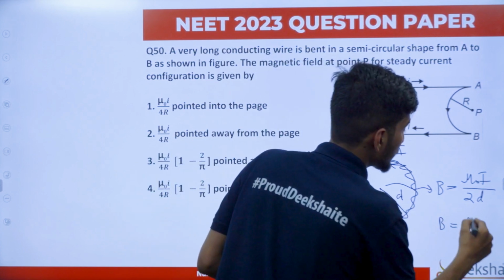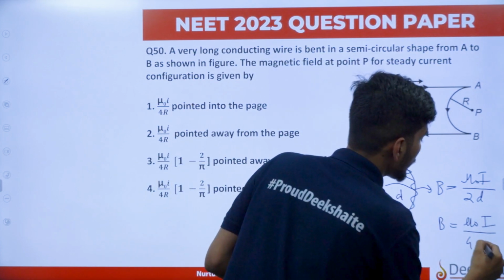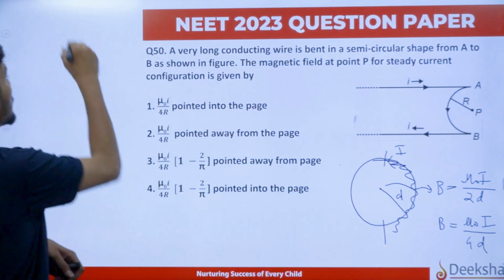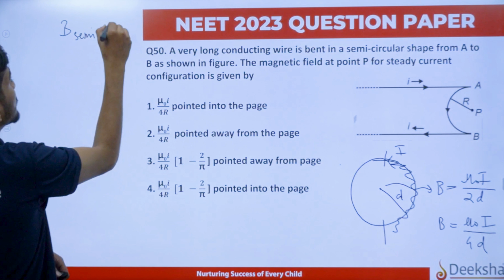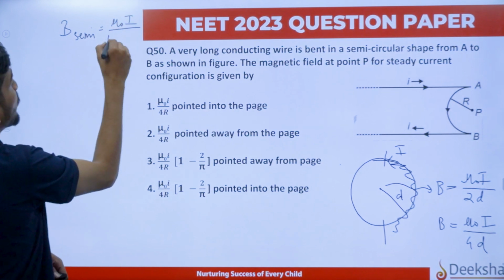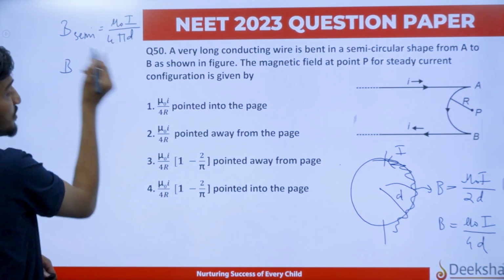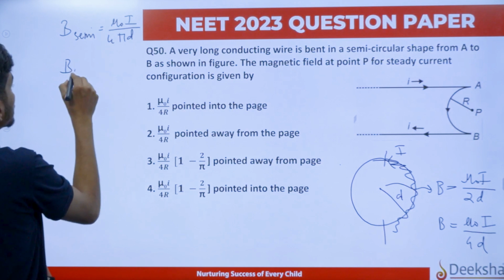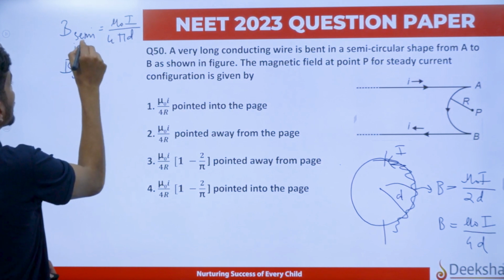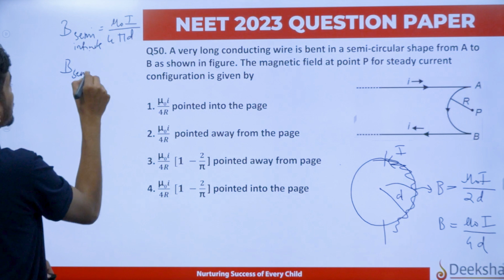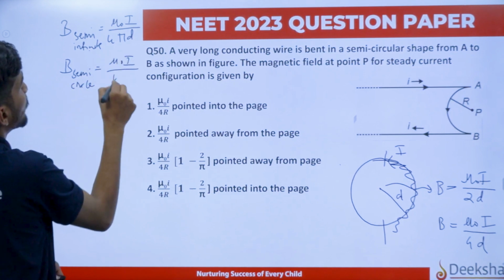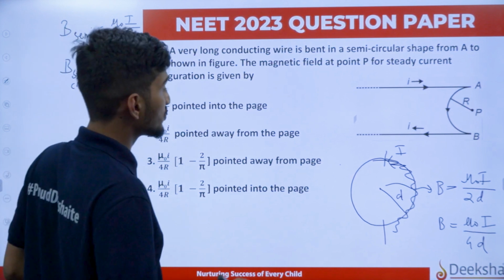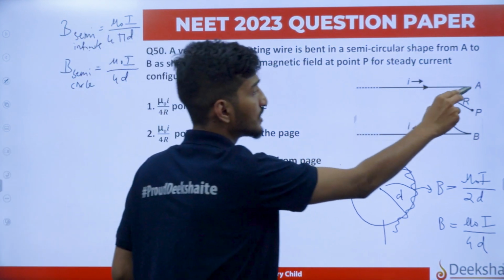B will be mu naught I by 4d. Let's write that value here as well. B of semi-infinite wire, we wrote it as mu naught I by 4 pi d, and B of a semicircle will be mu naught I by 4d. Let's remember these two values as we go on and calculate these magnetic fields.